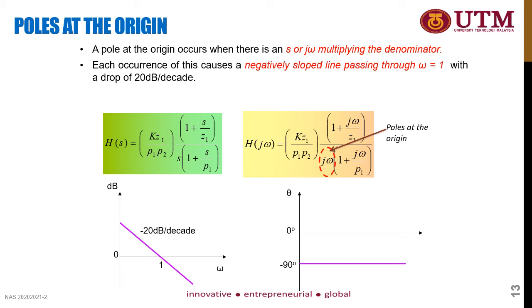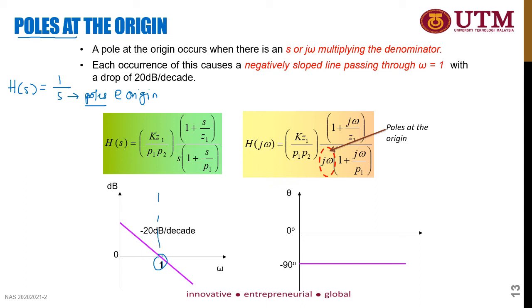But when you have poles at origin, you know that the s will be at the bottom as the denominator. For example, you have H(s) equal to 1 over s, with s at the bottom and outside the bracket. So this is poles at origin, meaning the line has a negative slope, while zeros have a positive slope. The line goes down, crossing at the origin, which is 1, and decrements by 20 dB per decade.